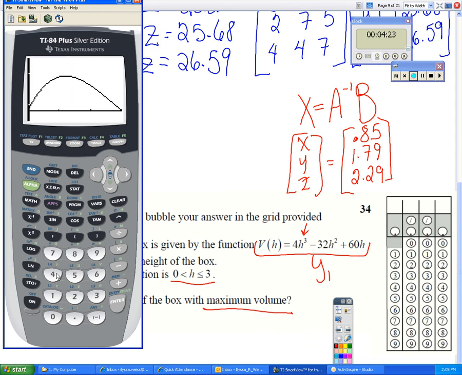It's a maximum, so I chose choice 4. So I need to go to the left of where I think that maximum is and hit enter. I'm going to go to the right of it and hit enter. Then I'm going to take my guess. I'm going to go back in between. Enter one more time.